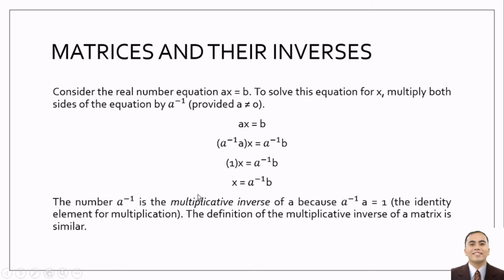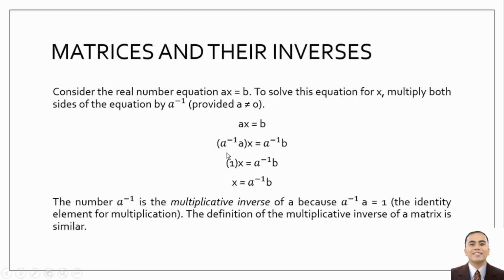So the multiplicative inverse of a is a^(-1), because a^(-1) times a is equal to 1. This is the identity element for multiplication.